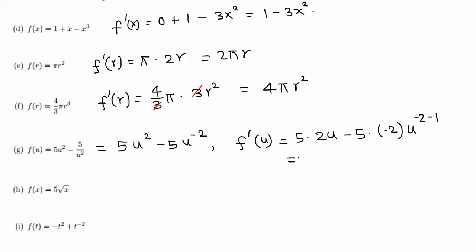Let's simplify this. 5 times 2, 10u, minus, and this minus, plus 10 u raised to -3. You can leave it here, or if you like to simplify, get rid of this negative exponent, writing 10 over u cubed.